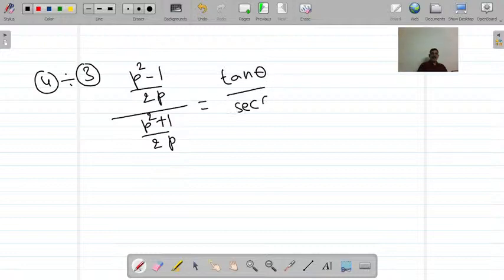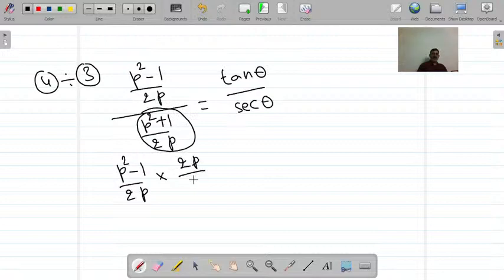Very good. So now actually denominator you can cancel here, or you can write it like p square minus 1 by 2p into this denominator, the terms will be reversed. So you get it like 2p by p square plus 1 is equal to, here this one you take tan theta means sin theta by cos theta, secant theta means 1 by cos theta.